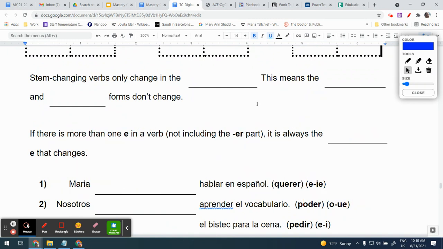Stem changing verbs only change in the boot or the bota if you're speaking Spanish. This means the nosotros and vosotros forms don't change. Okay?